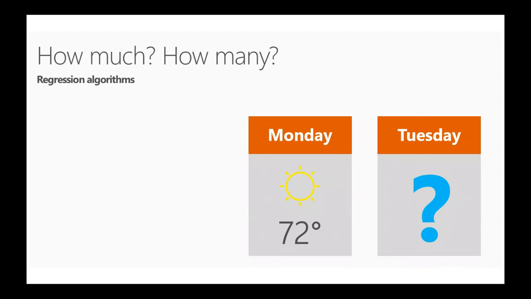The other type we have to look at is regression. I'm pretty sure from your high school mathematics you know the idea behind simple linear regression, which comes up with a simple equation: y = mx + c. That is the simplest way of dealing with regression. You can solve machine learning problems with linear regression as well as with nonlinear regression. One example is predicting future sales or future temperature.